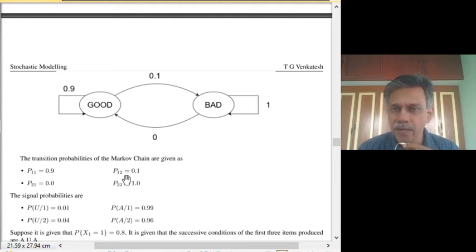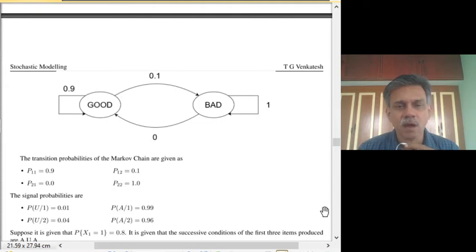But of course this is a hidden Markov chain because we cannot observe the state of the machine. What we can observe is only the signals. And what are the signals? Whether the item being manufactured is acceptable or defective. But if the machine is in a good state, then the probability that it produces a good or acceptable item is known to us, and therefore the probability of it producing a defective item can also be found out.